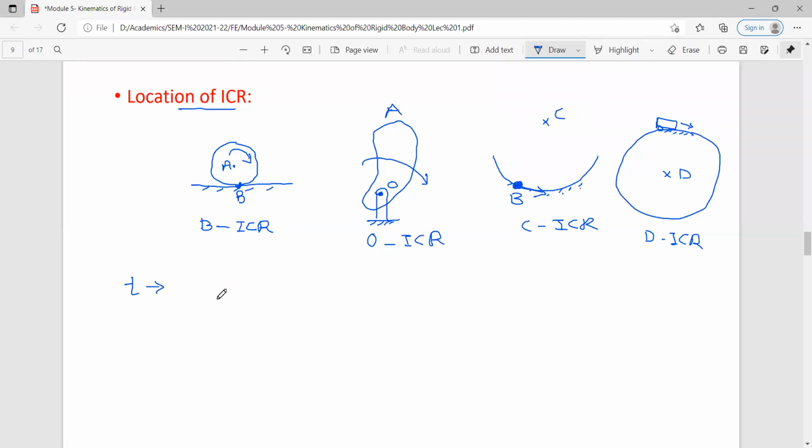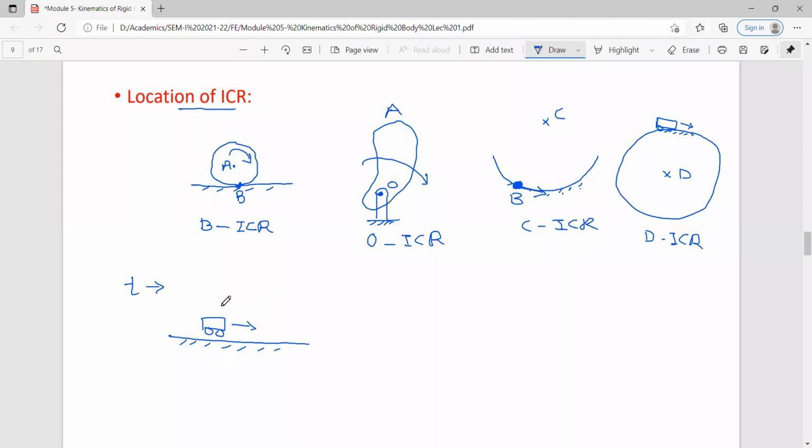According to this, even if a particular object or body is moving in a straight line, you can say that it is moving in a circular path.